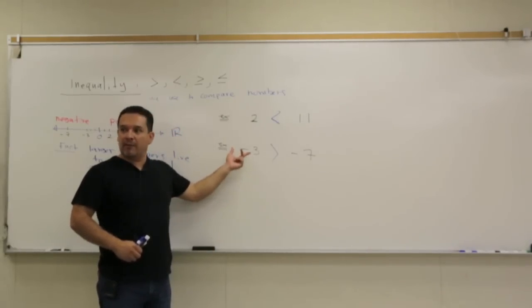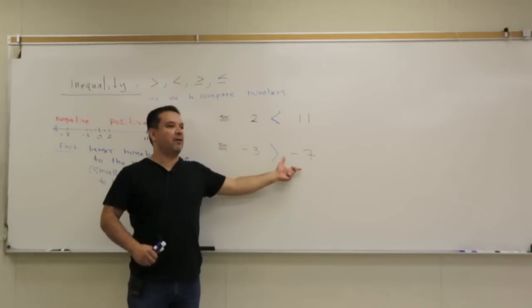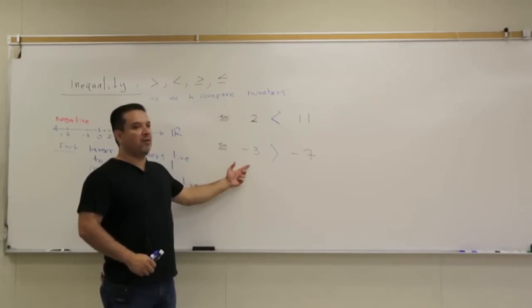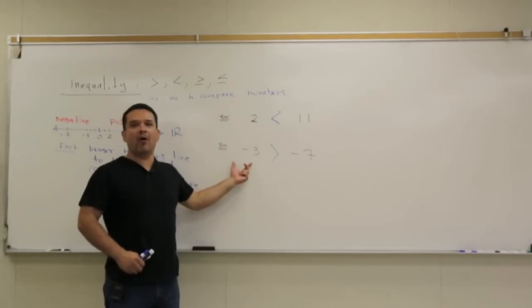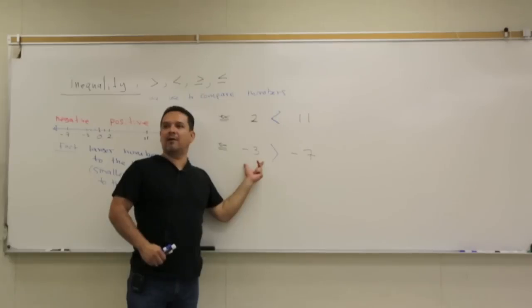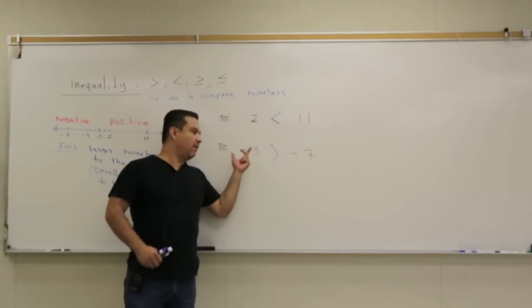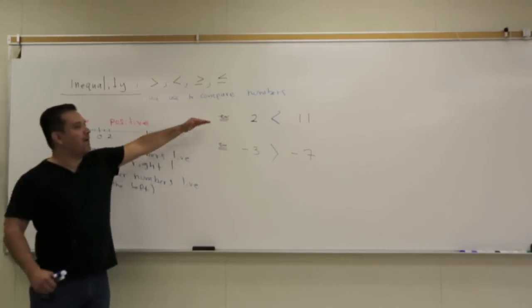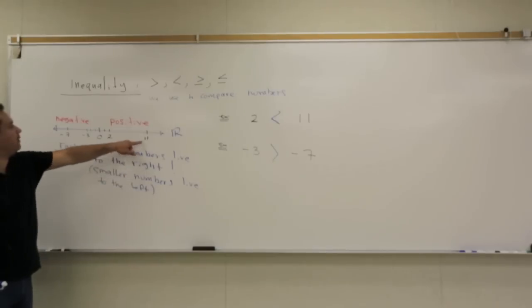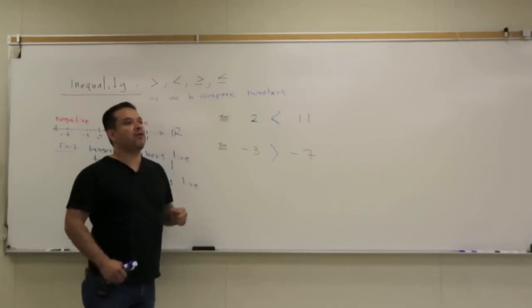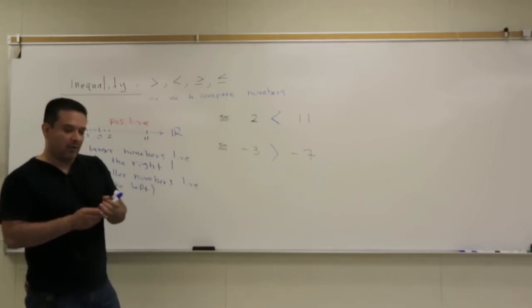It means you owe 3, and here you owe 7. Owing is not really having money, but is it better to owe $3 or to owe 7? It's better to owe 3, like having more money even though it's owing. If you don't want to use that analogy, just plot your numbers on the real number line. Larger numbers are to the right, smaller to the left. Are you okay with that?